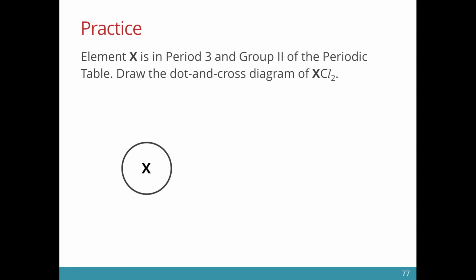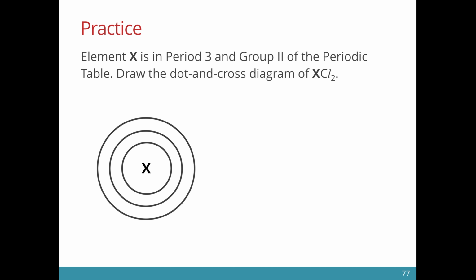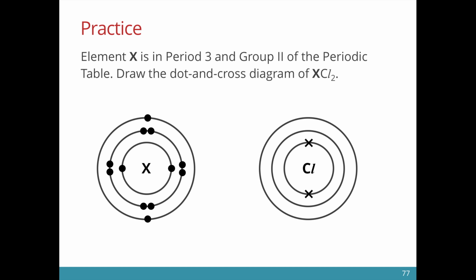So period 3 means it has 3 shells. So the first shell holds 2 electrons followed by 8. And group 2 means that the outermost shell has 2 valence electrons. Chlorine is in group 7. So again, let's put in the electrons for chlorine.